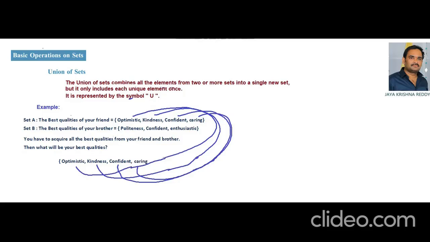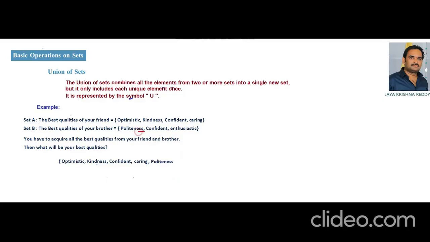Afterwards, you have to acquire the qualities from your brother also. So you have to take the politeness, and next you have to take the quality confident, but you have already taken the quality confident from your friend, so no need to consider it again.